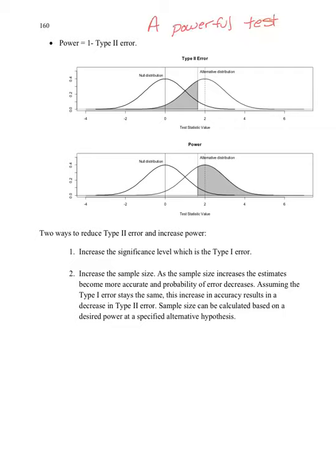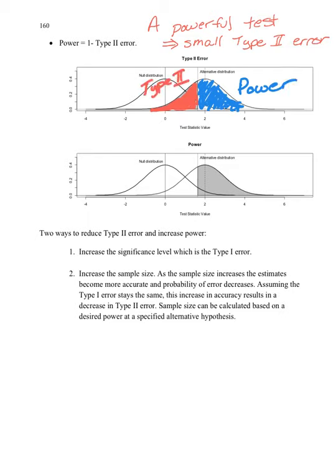And when people say a test is powerful, that's another way of saying that the test has a small type 2 error. So on this picture here, if this area right here is the type 2 error, then this area here is the power, which is also shown on the second graph.